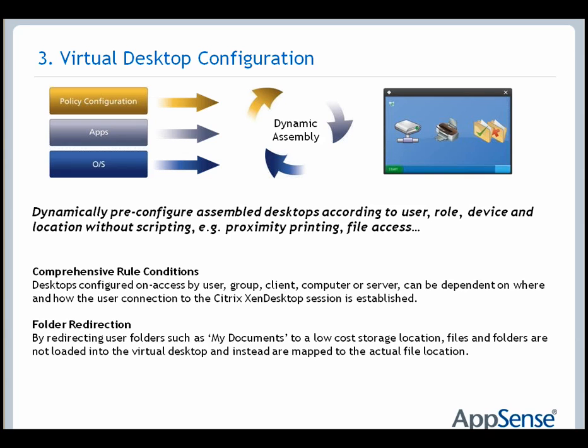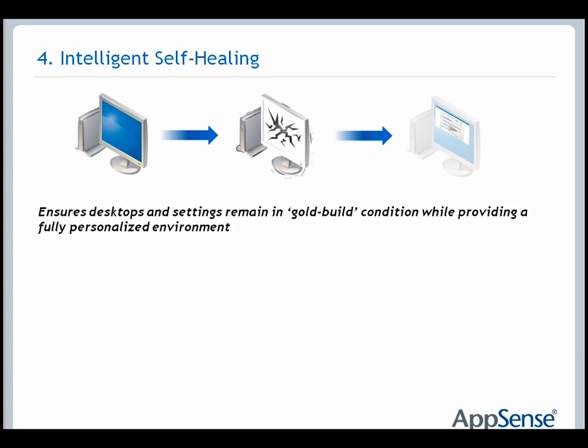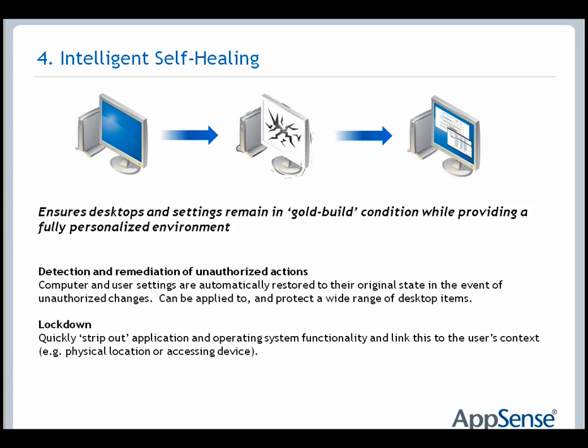So this is how we can enable Citrix XenDesktop to fit seamlessly into an environment in a very, very short space of time. And then, of course, once you've got the environment up and running, we want to protect it from any unauthorized or unpredictable behavior from the user. So by ensuring desktops stay in their gold build, we can help to reduce support calls, which, when combined with the TCO savings that XenDesktop already provides, we can really reduce the desktop cost of ownership and bottom line management costs for a virtual environment.